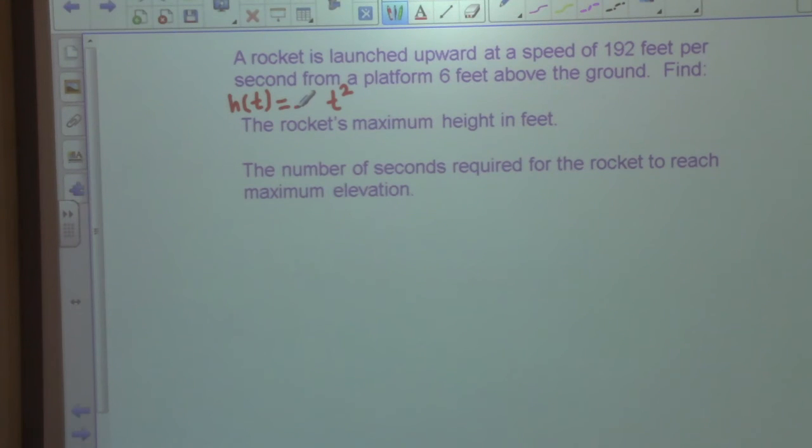You don't remember. How about -16? Plus, what's the next thing here? I'll write down what it is. It's called v sub 0 t. And the last thing is plus h sub 0.